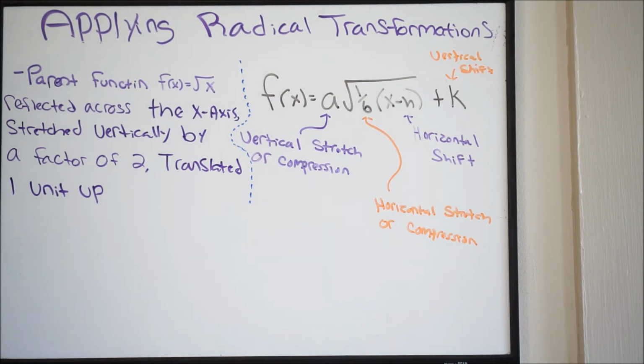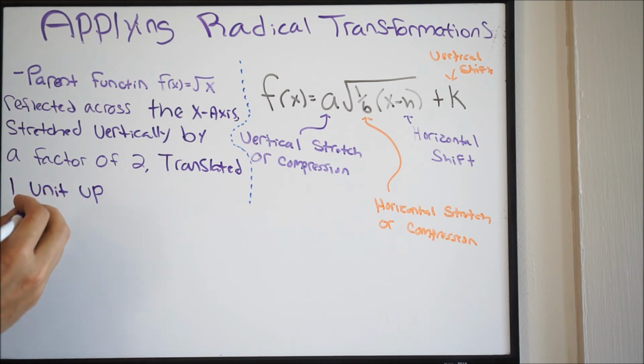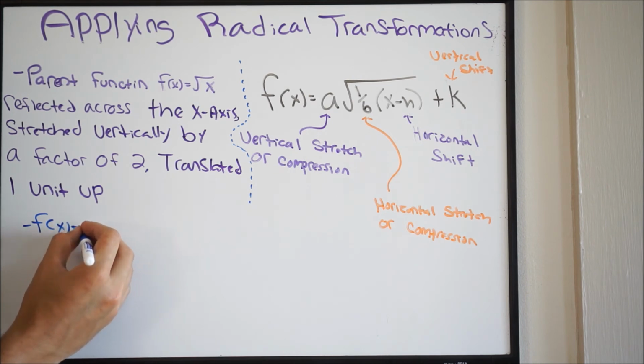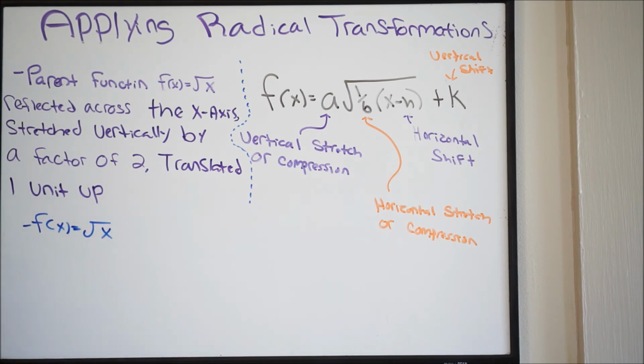The first one is reflected across the x-axis. Remember, when you want to reflect something across the x-axis, you simply make the y value negative. So in this case, think about what's going to happen here. If we have our parent function, f of x equals the square root of x, we're going to make the y negative. So we'll have negative f of x equals the square root of x. However, we can't leave that negative there, so we have to divide both sides by negative 1.